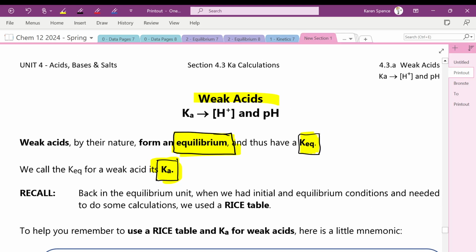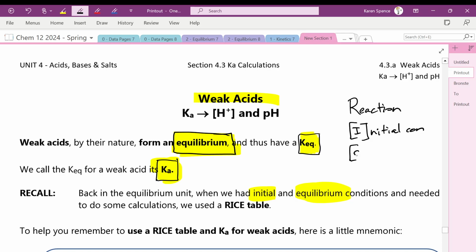Now, if you remember back in our equilibrium unit, which wasn't that long ago, when we were given initial conditions and equilibrium conditions, what kind of a table did we need to use? We needed to use a RICE table, which, what did the R stand for? Reaction. I stood for the initial concentration.